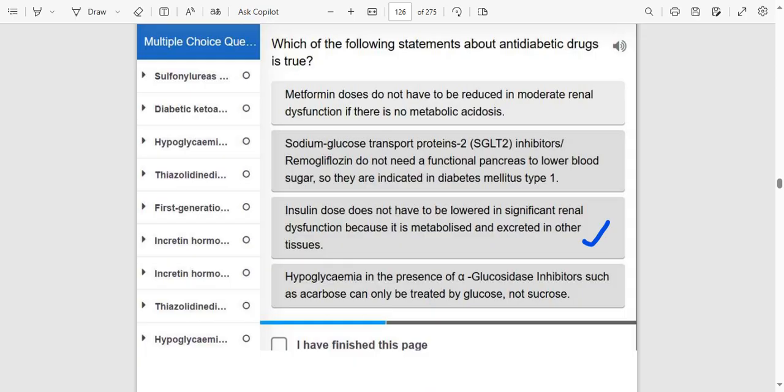Is there any other statement that is true here? Let's look at A. Metformin doses do not have to be reduced in moderate renal dysfunction if there is no metabolic acidosis. Is that true? If there is no acidosis?